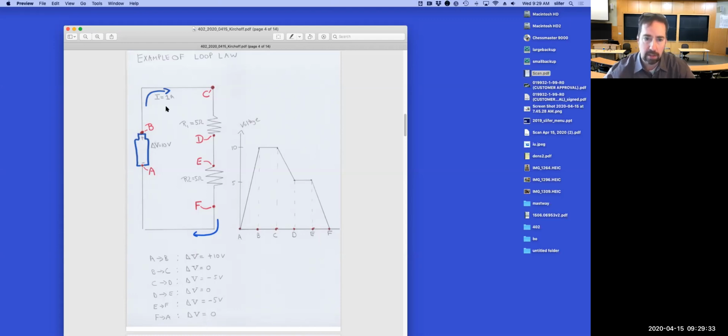This is an idealization. It's an approximation that whatever these connecting wires are, they're much, much smaller than the actual resistances that we place in our circuit. As often is the case in physics, we make this approximation, but if the resistance of this connecting wire is 10 to the minus 9 ohms compared to 5 ohms, who cares?